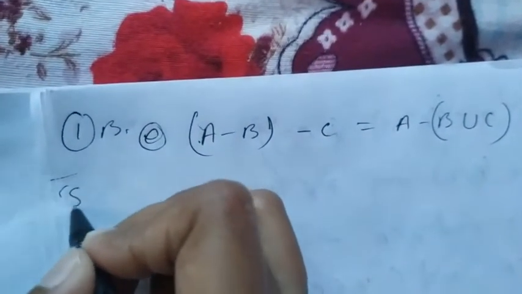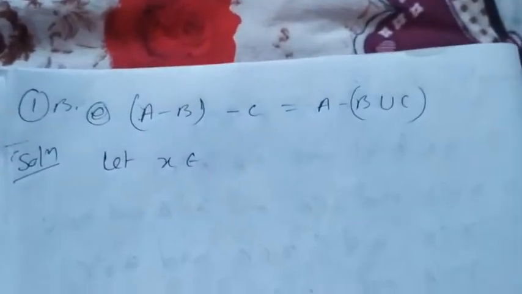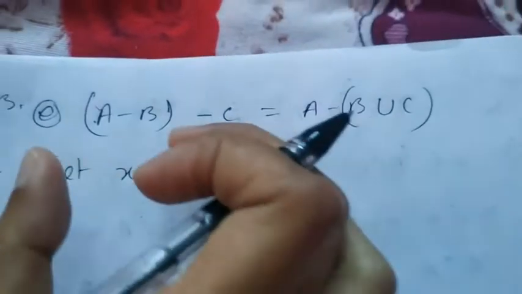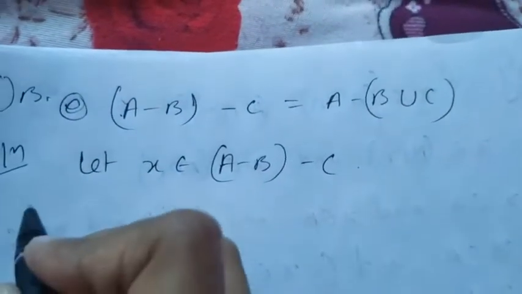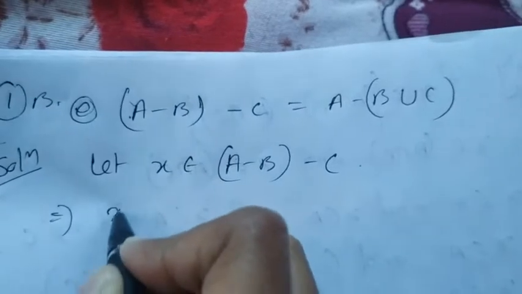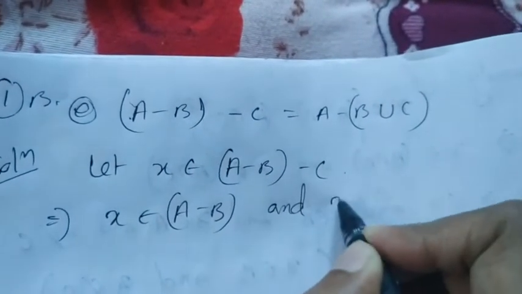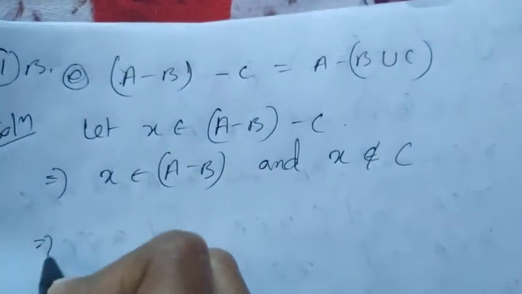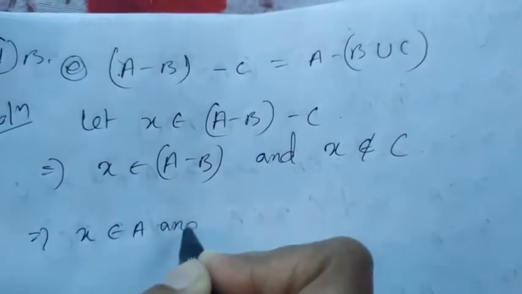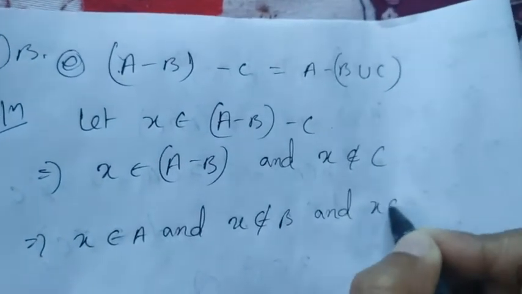So first of all we will take, let x belongs to this LHS part, (A minus B) minus C. So this implies x belongs to A minus B and x not belongs to C. This implies x belongs to A and x not belongs to B and x not belongs to C.